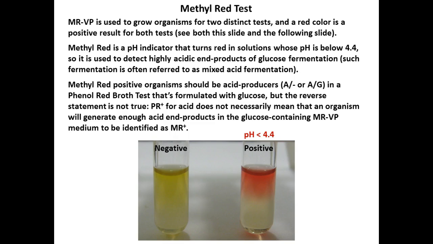But the flip side is not also true, right? Because just because it's a phenol red acid producer in that test does not mean it's actually producing enough acid, what we call mixed acid fermentation, where you have a lot of acids, to really lower that pH down around 4.4 or lower.